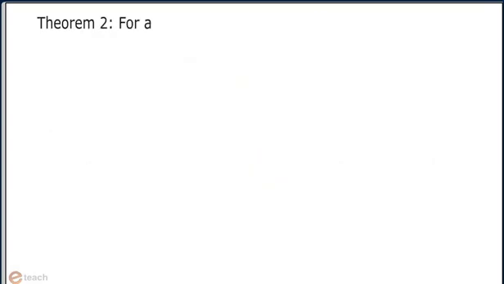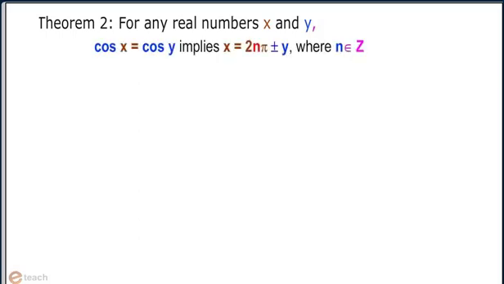Theorem 2. For any real numbers x and y, cos x equals cos y implies x equals 2n pi plus minus y, where n belongs to the set of integers. Let us see the proof.